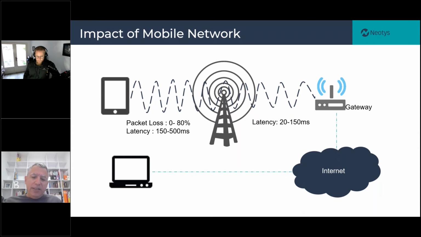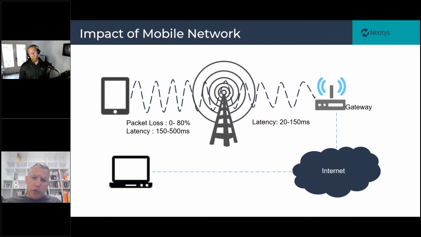But in general, the infrastructure in order to serve your mobile device includes some cellular communication that introduces packet loss and latency, and then a few hops of communication, and so it's very different than the communication or the network when it comes to an enterprise network.